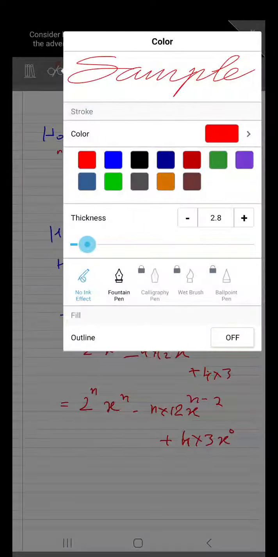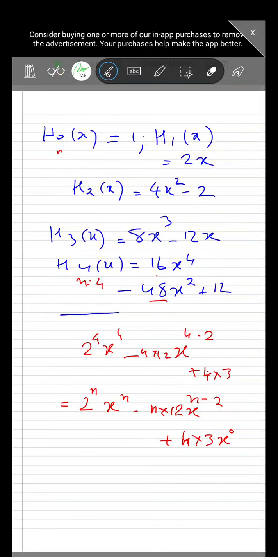If we do the same thing, let's see whether we get these polynomials. So when n is equal to 3, using the same notion, it should be 2 to the power 3, that we are getting 8 into x to the power 3, 8x cube, minus you are getting 12. So n is equal to 3, that means 3 into 4, into x to the power 3 minus 2, that is 1.